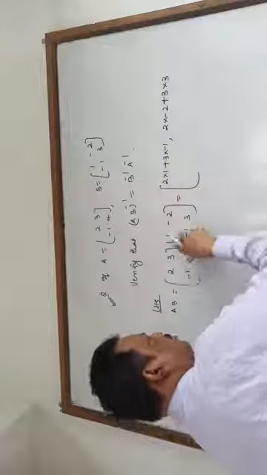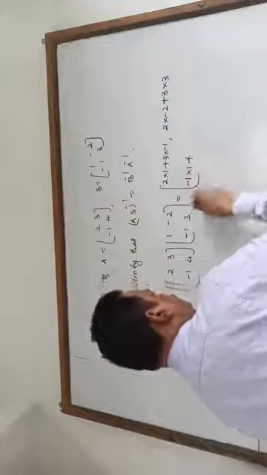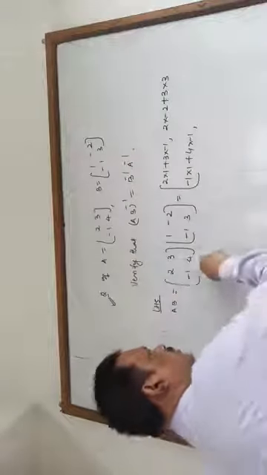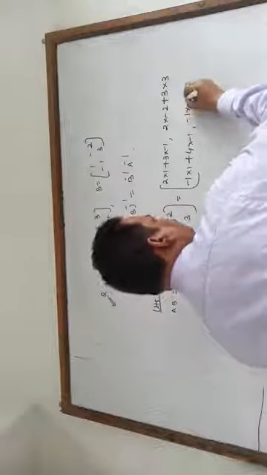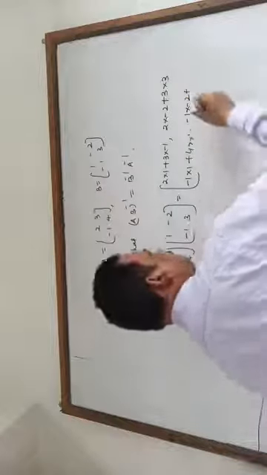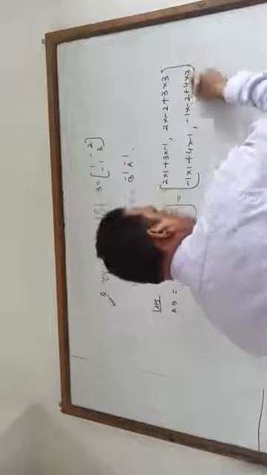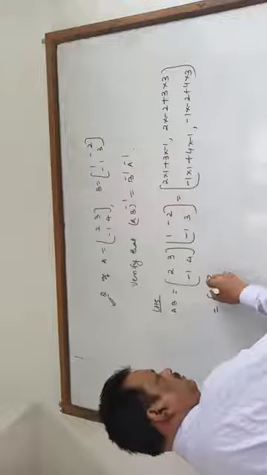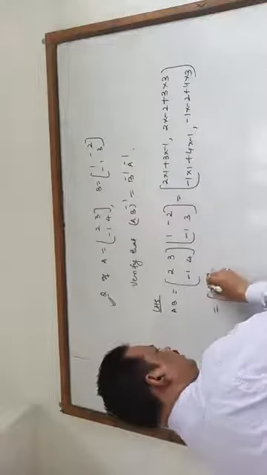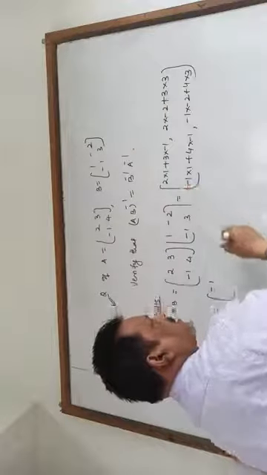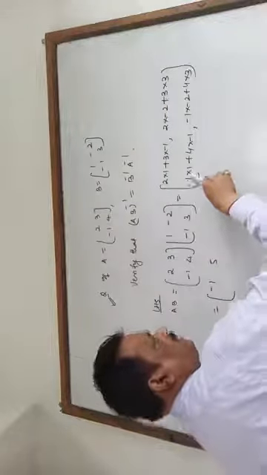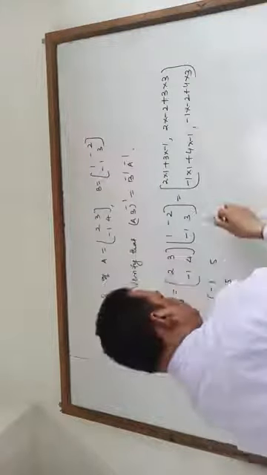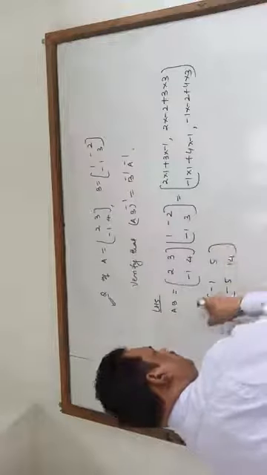Then minus 1 into 1 plus 4 into minus 1. Then minus 1 into minus 2 plus 4 into 3. So that gives us 2 minus 3, minus 1, minus 4 plus 9, 5, minus 1, minus 4, minus 5, this is 12 plus 2, 14. This is AB.